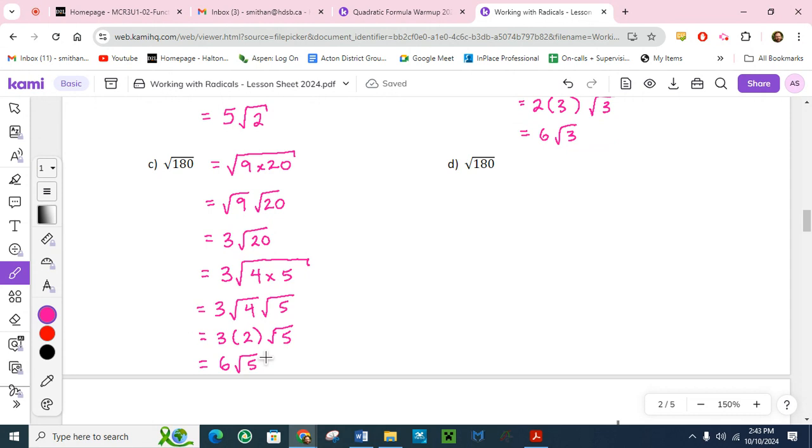Just start dividing if you're not sure. Just do 180 divided by 16, divided by 25, divided by 36. So you find one.